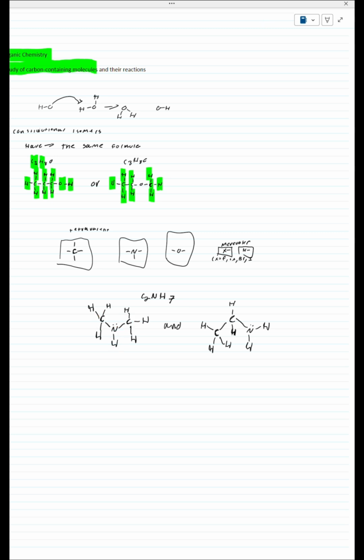Then halogens and hydrogen, but in this case only hydrogen, 1, 1, 1, etc. And if you can notice, this is C, C, and constitutional isomers. Both have C2 and H7, just in different orders.